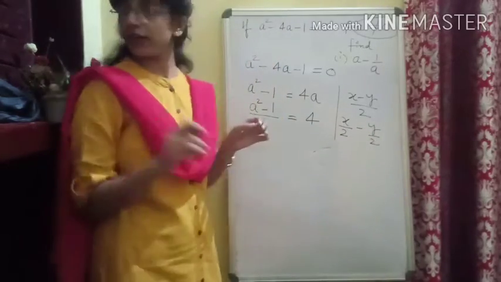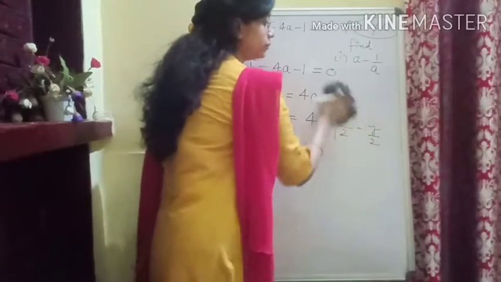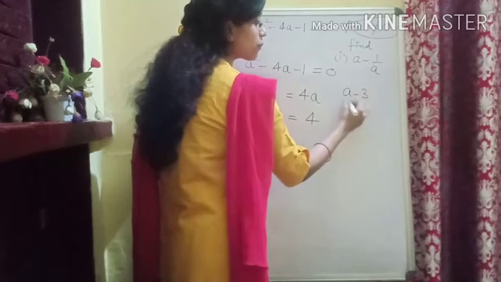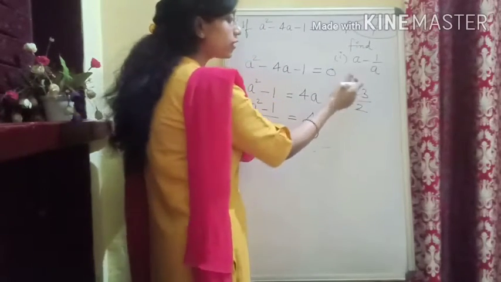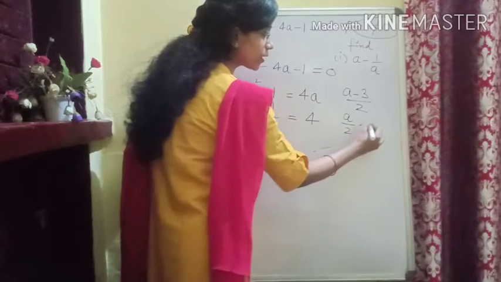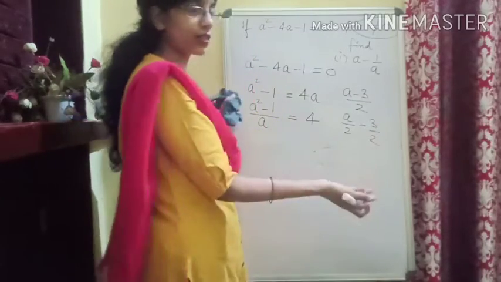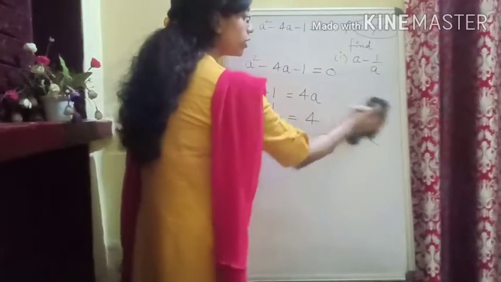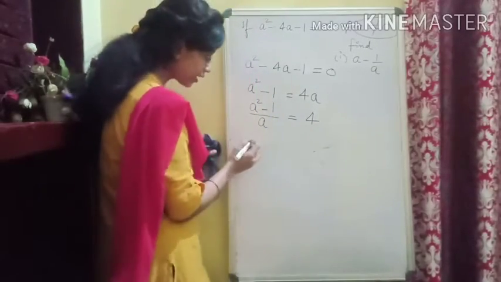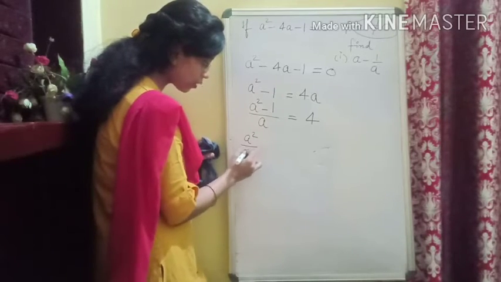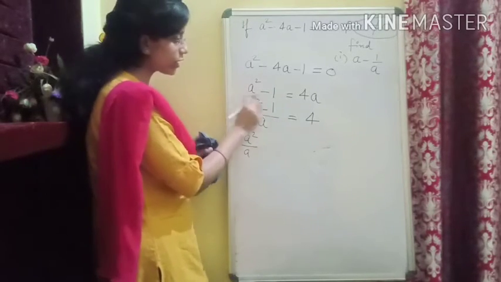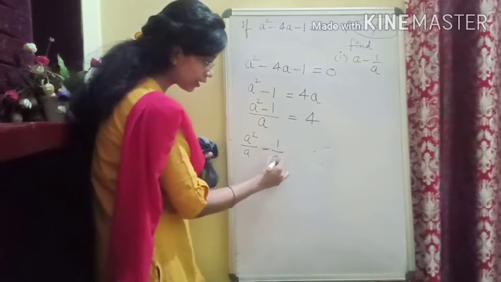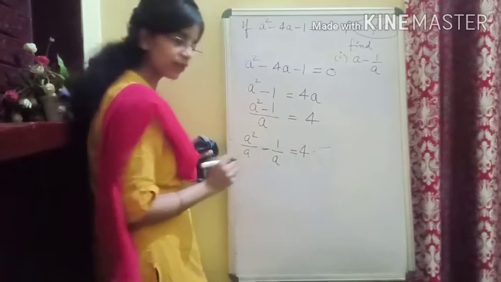Or if we have a minus 3 upon 2, can we write it as a upon 2 minus 3 upon 2? It is actually the same. So the same thing we are going to do here. We are going to write it separately: a square upon a, writing a with a square as well as a with 1 minus sign, and 1 upon a equals to 4. Is it clear?